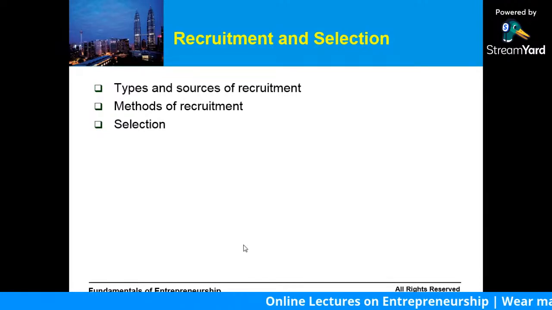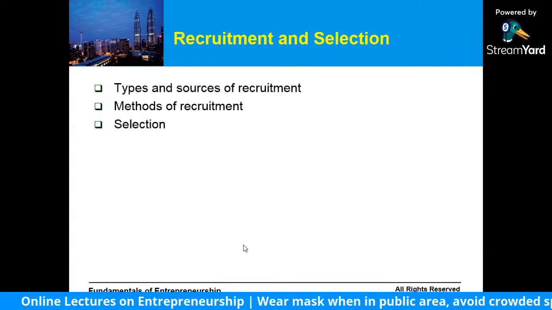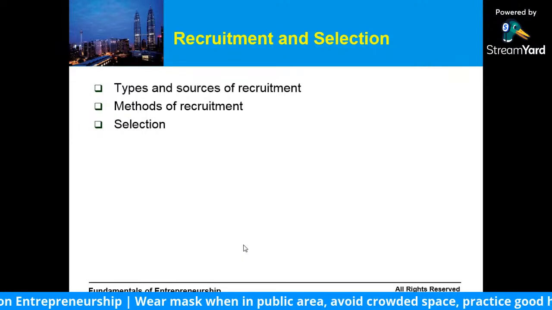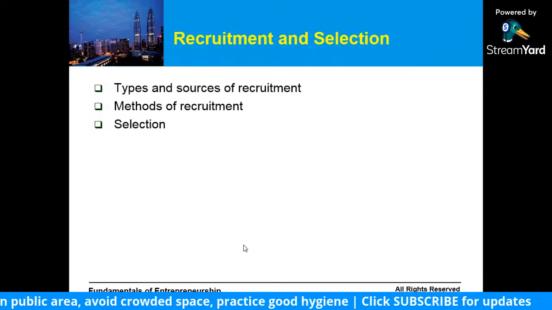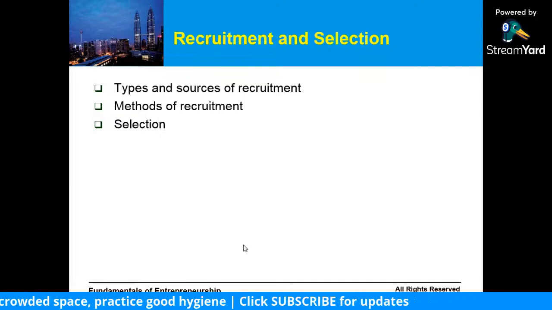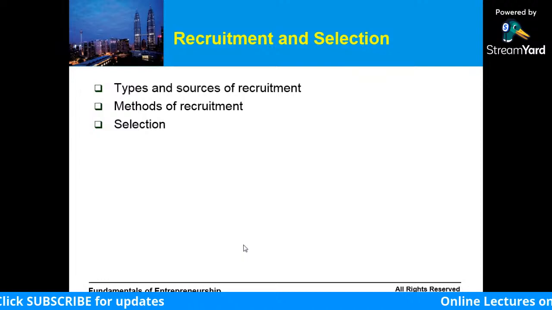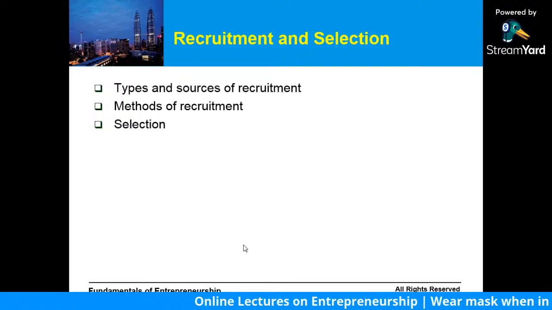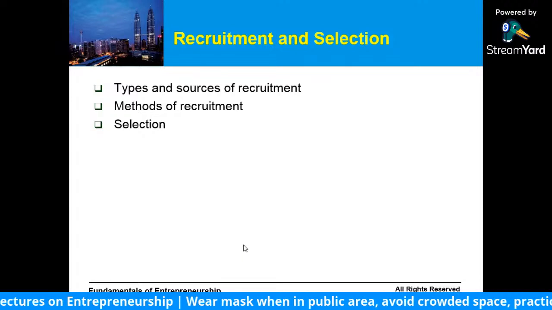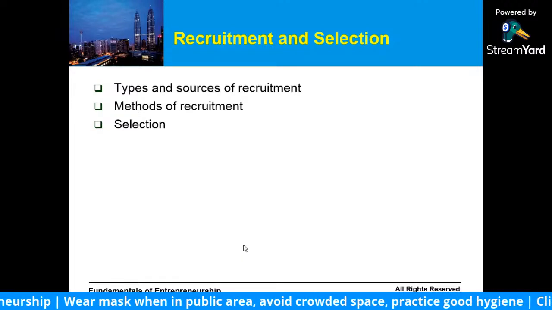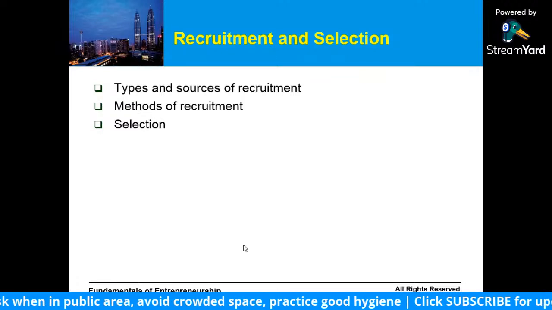The ideal part is you need to make sure your business is at an optimal level financially and operationally. If you go for internal sources, you look for someone inside. For external recruitment, you advertise the job to the public, and the public will apply for those vacancies.